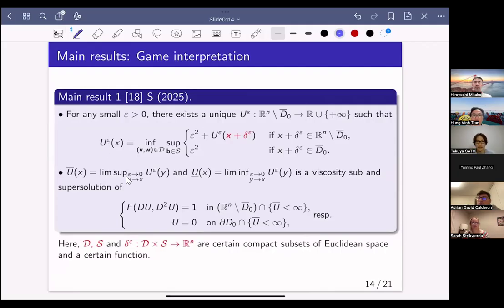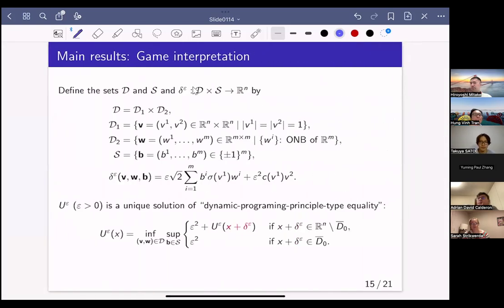By using the half-relaxed limit of this u epsilon, we can get u over bar and u under bar, which are the viscosity sub and supersolutions of the first two equations.